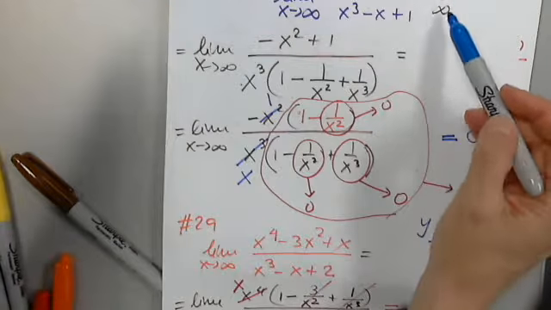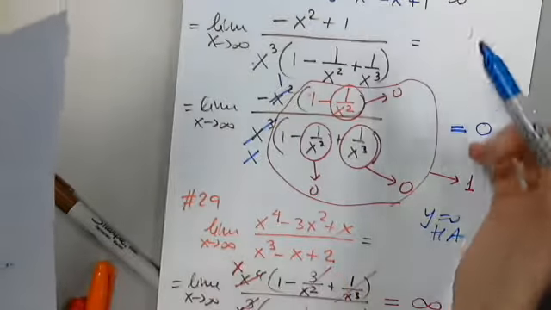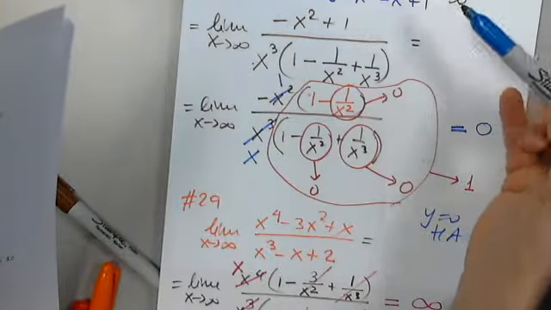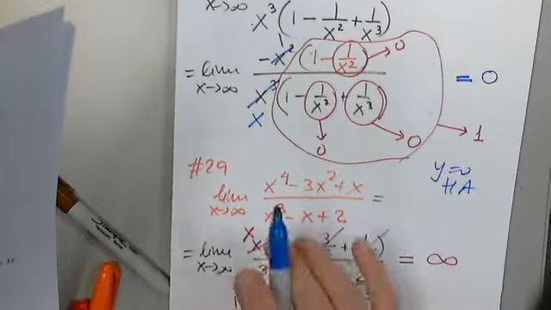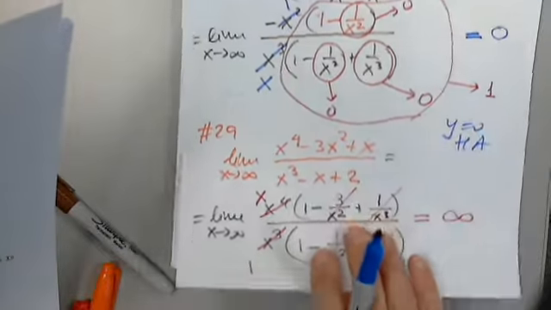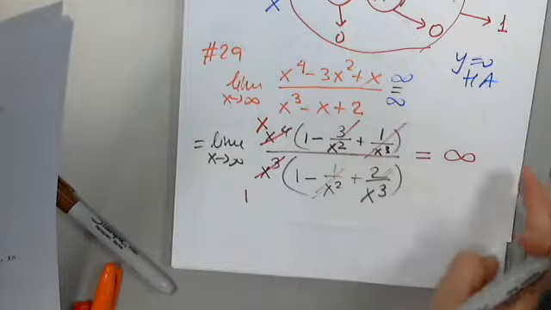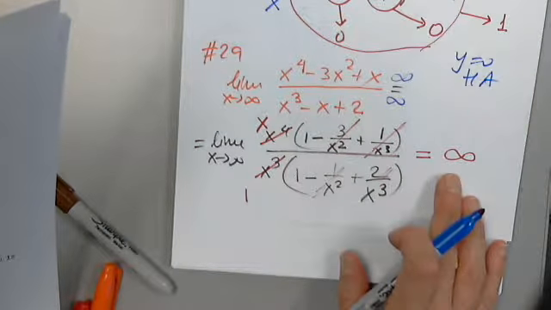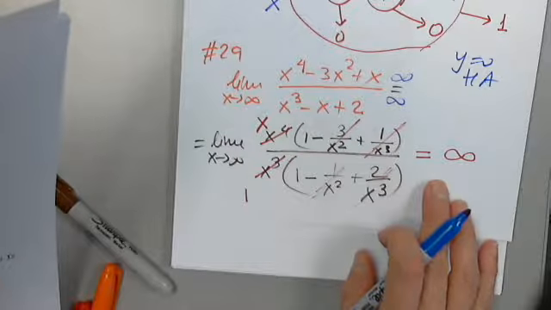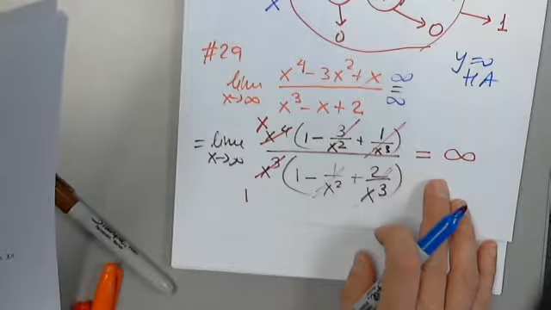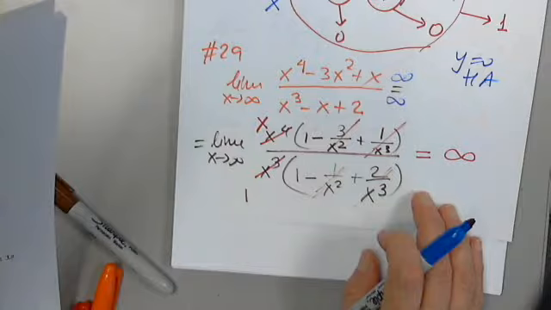So this is another indeterminate case. As you see, infinity or negative infinity doesn't matter. Infinity over infinity, in this case, turned out to be 0. This one also has infinity over infinity. What did it turn out to be? Infinity.